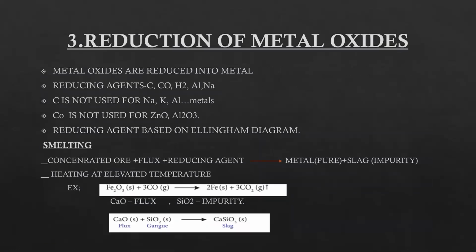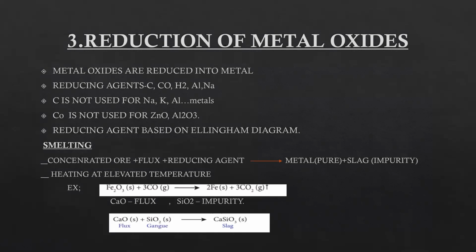The next method is the reduction of the metal oxide. We need some reducing agent to reduce that metal oxide. Here the metal oxides are reduced into the metal using a reducing agent. Common reducing agents are carbon monoxide, hydrogen, aluminum and sodium.